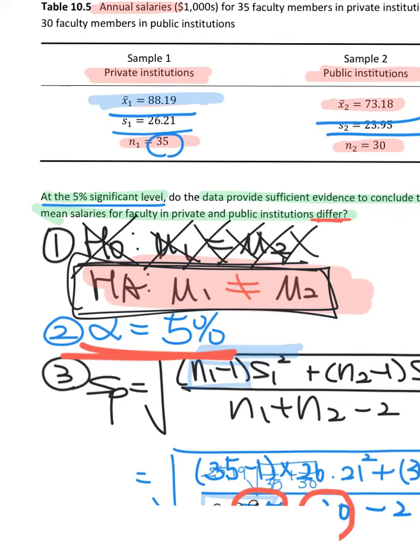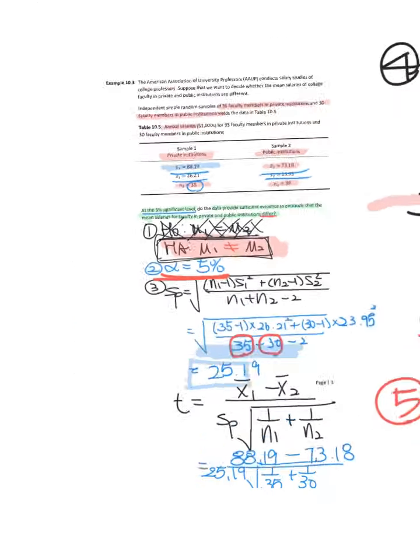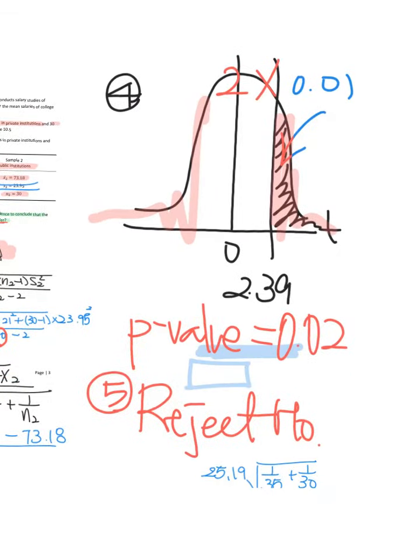Who are different? The mean salary. The mean salaries between private school and public school are different. That will be step number 6, conclusion, interpretation. What was step number 4? The graph, that is the p-value from the t-table. And finally, the conclusion: they are different.